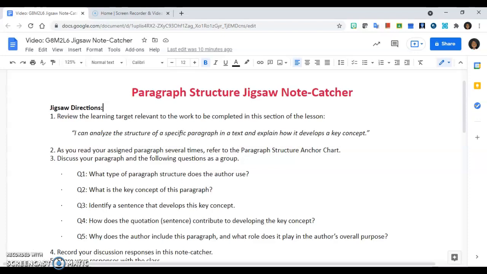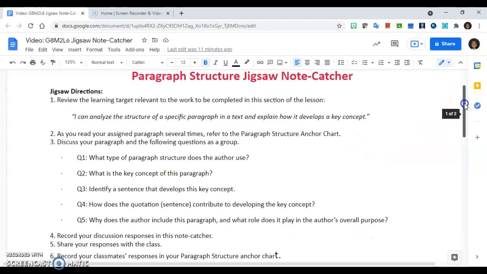Now, that is so much to take in, and so obviously we are going to work through one together. So we are actually going to do the first paragraph as a class.